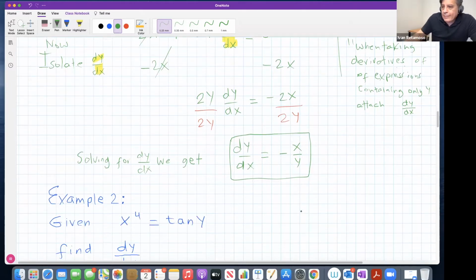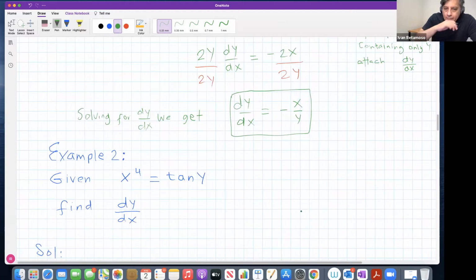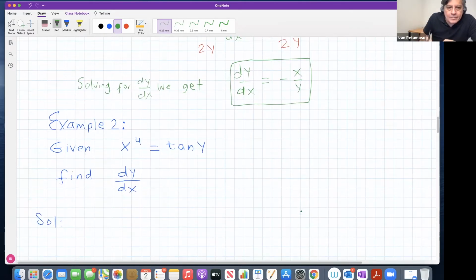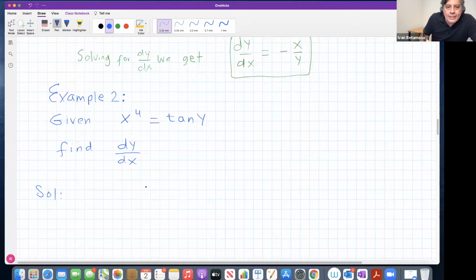All right. Here is another one, a little bit more complicated, and then I will let you practice. What if they ask you to figure out the derivative of this y function implicitly defined via this equation, right? Find dy dx. Let's follow the steps as before, right?